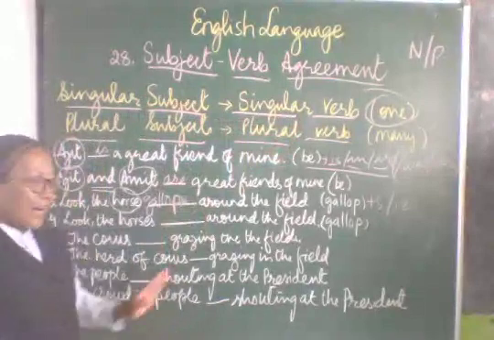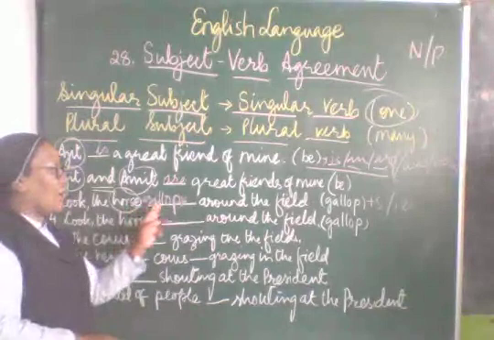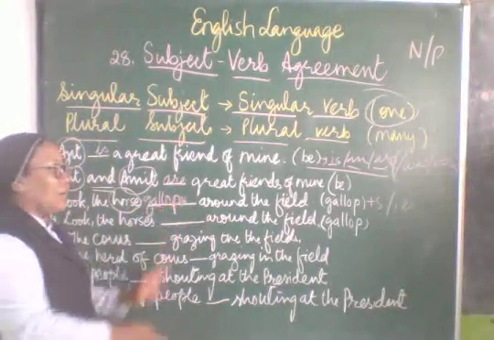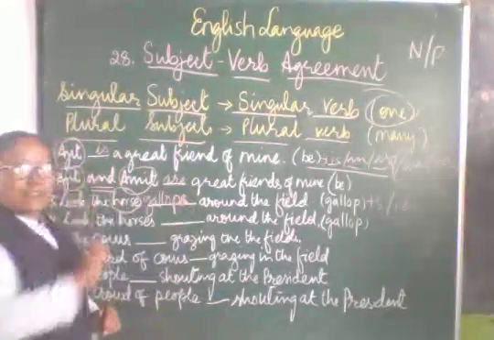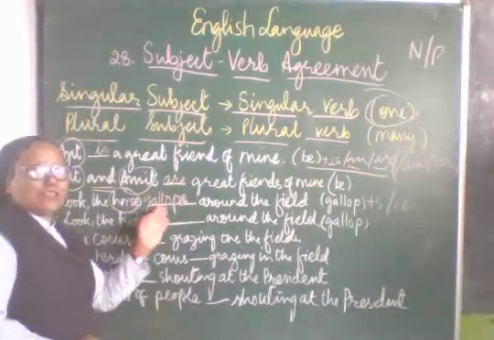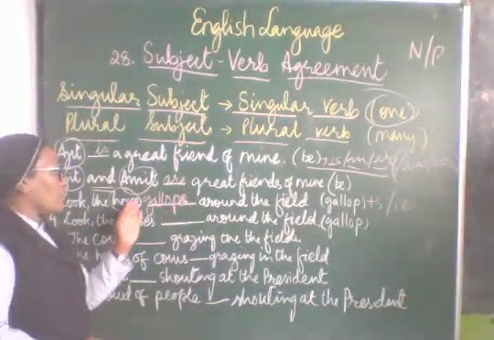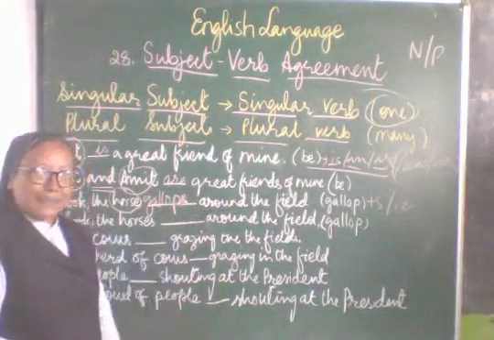Since the subject is singular, I make the verb singular by adding s. So now both are singular, subject also, verb also. So, the horse gallops around the field.